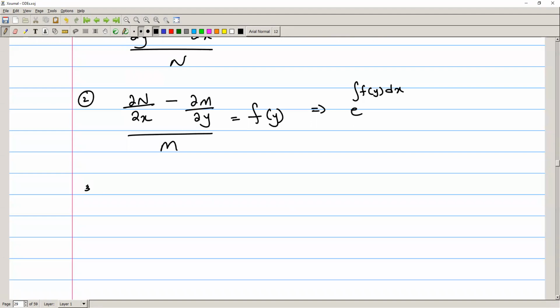When we don't actually get these two cases, then we have one more case. That is when we get a function of xy.